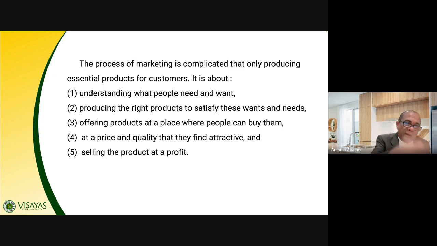You can be a master of one, two, three, four, but in the final analysis, if you don't generate a profit, you're not an effective marketer. What's the real measure of marketing? The real measure of marketing is that when you push your product in the market, you generate value addition.